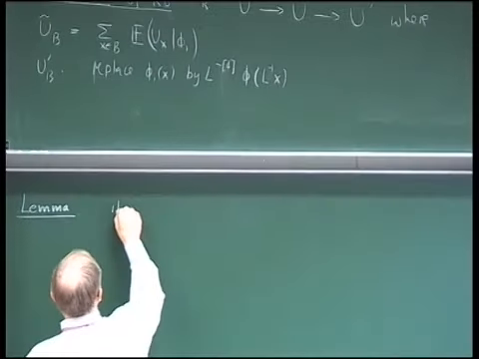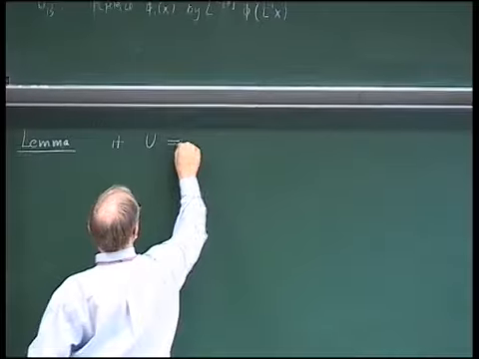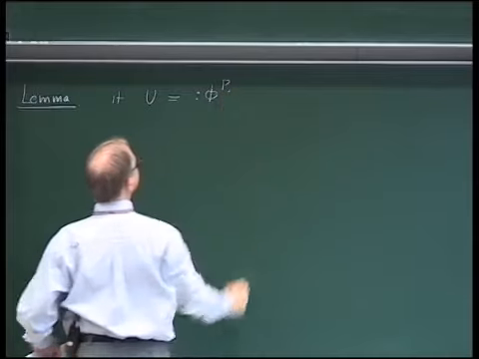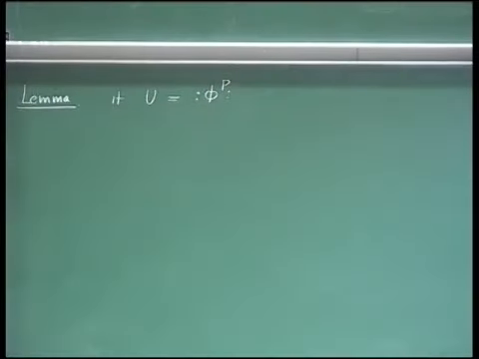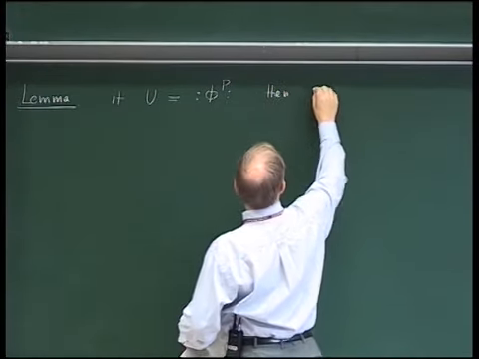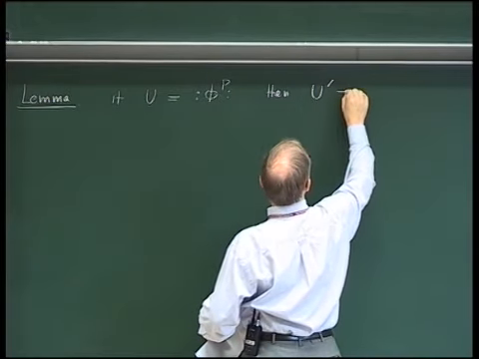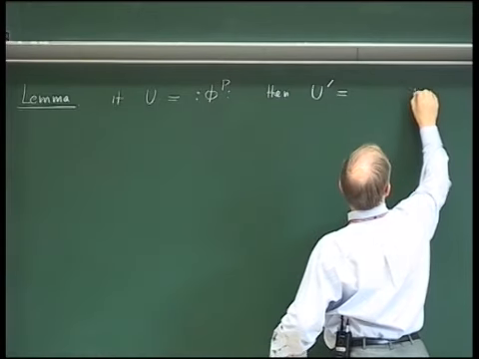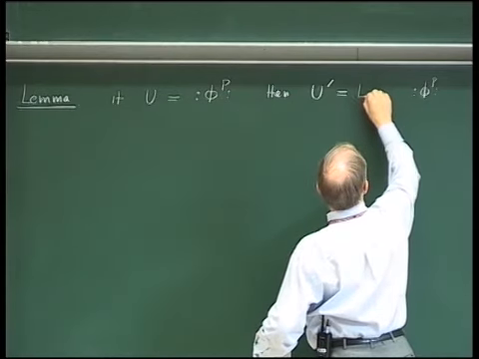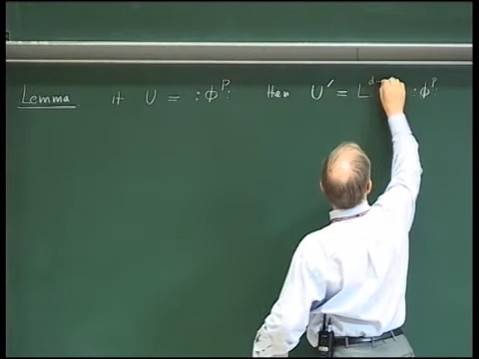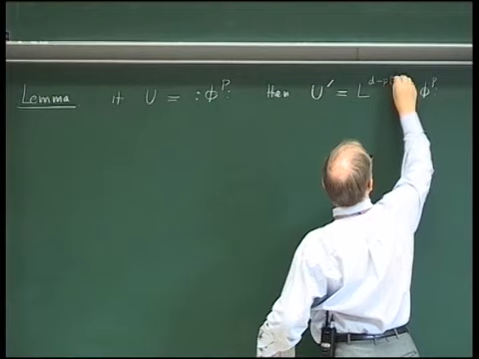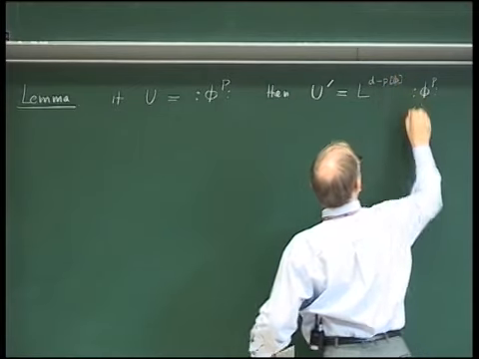If we take u to be Wick-ordered power phi to the power of p, then u prime is also phi Wick-ordered raised to the power of p times the prefactor L to the d minus p times the dimension of phi.